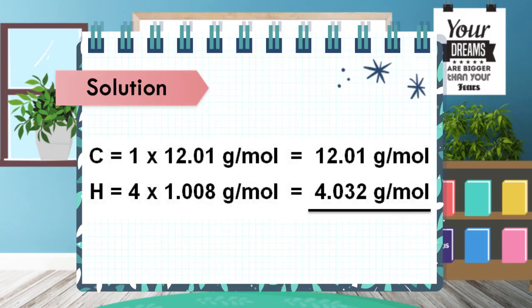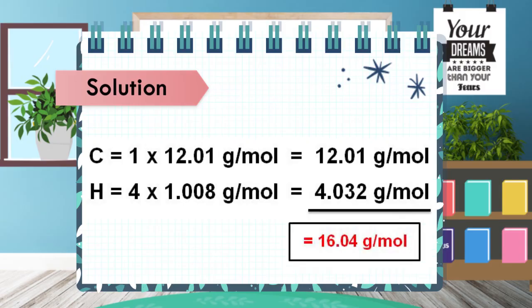After getting the atomic mass of both elements, let's compute the molar mass by adding their atomic mass. The atomic mass of carbon, that is 12.01 grams per mole, is added to the atomic mass of hydrogen, which is 4.032 grams per mole. Therefore, the molar mass of methane is 16.04 grams per mole.